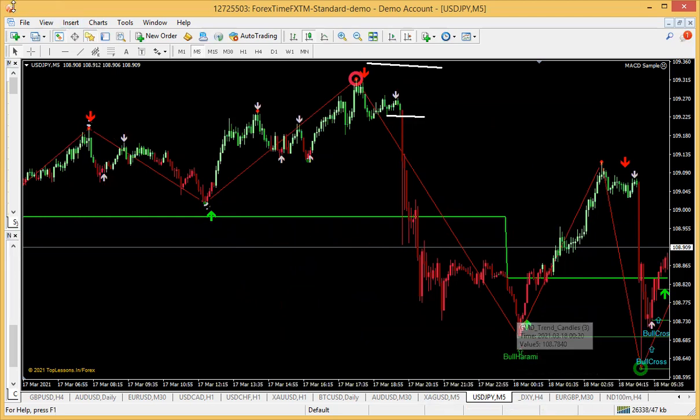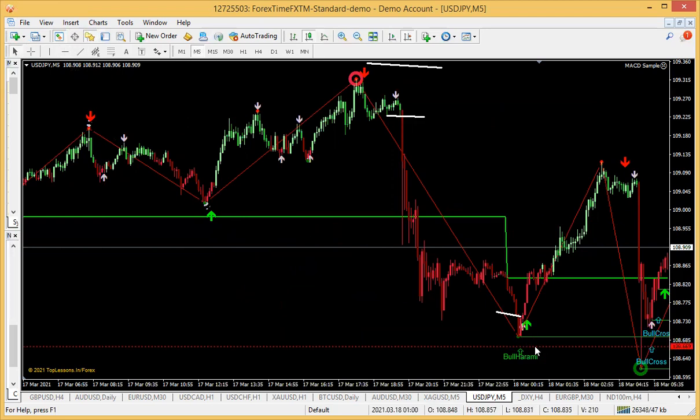This one should be your pending order for buy. Then you come below, and you give 5 pips below that green dot. You calculate your 5 pips, and you set your stop loss here.